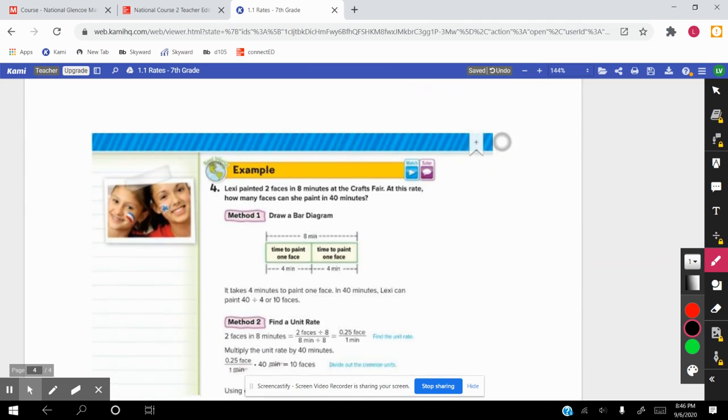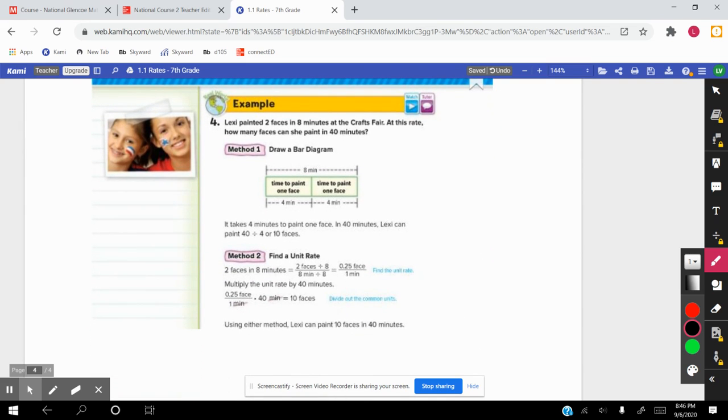Let's continue. Example 4. Lexi painted 2 faces in 8 minutes at the crafts fair. At this rate, how many faces can she paint in 40 minutes? So there are 2 methods to solving this. The first method is to draw a bar diagram. So in this 8-minute period, time to paint one face is 4 minutes.